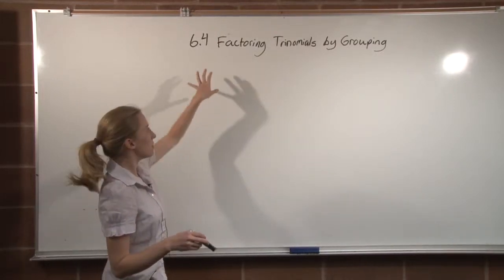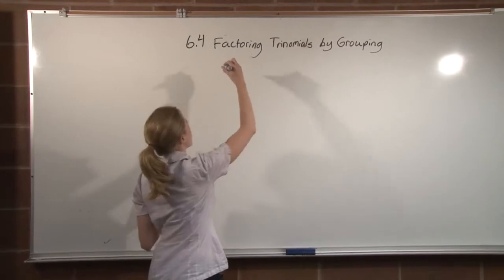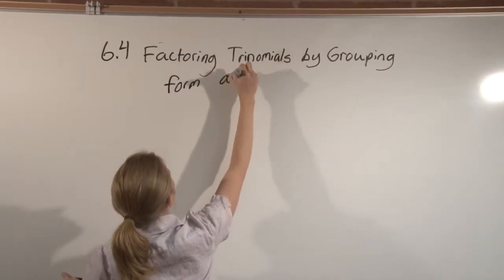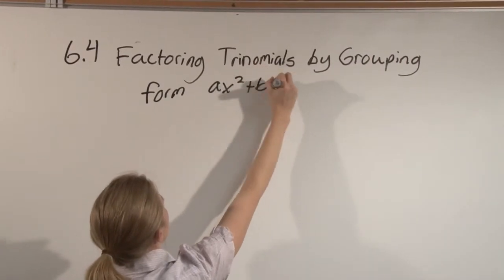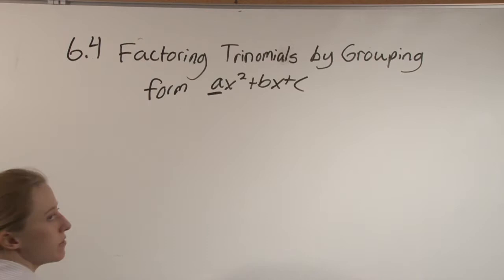This video is on factoring trinomials by grouping, specifically trinomials of the form ax squared plus bx plus c when you have a coefficient in front of the x squared.